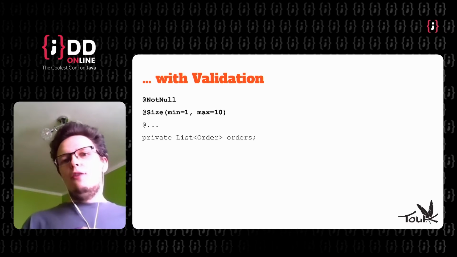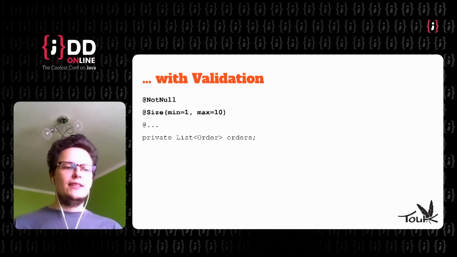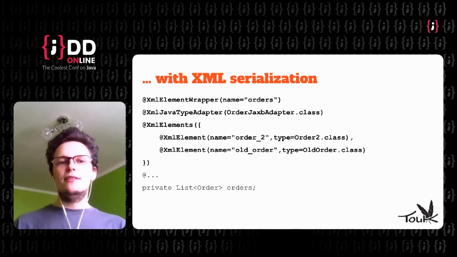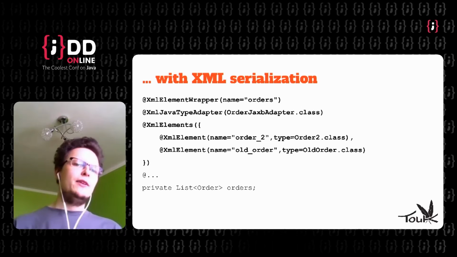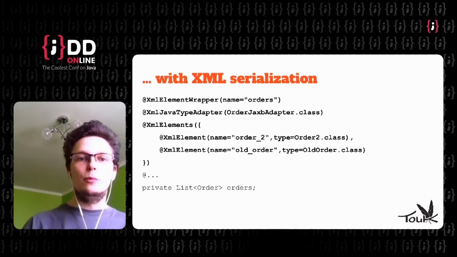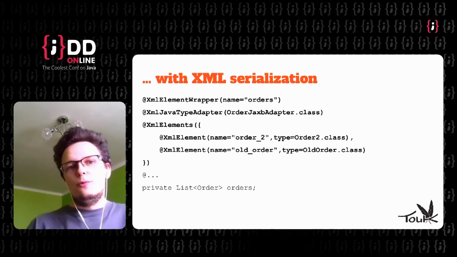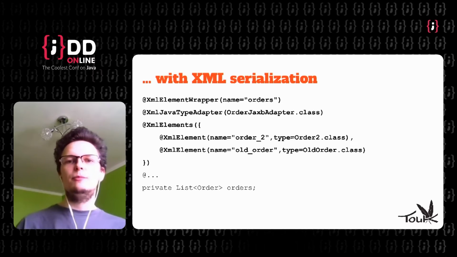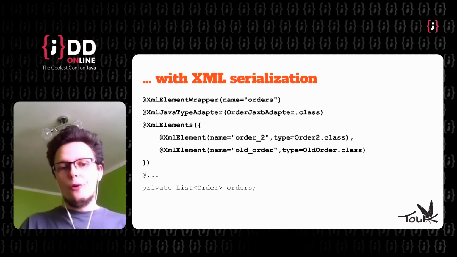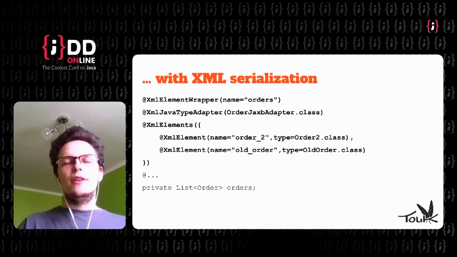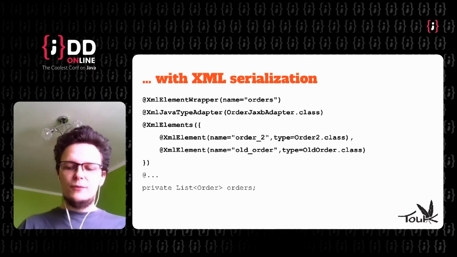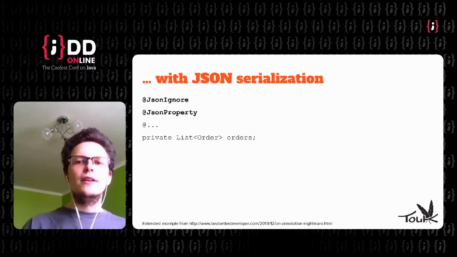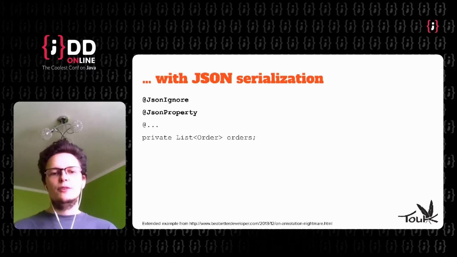Next, we often want to expose it via some service. In the past we built a lot of SOAP services, so we would make our entity a JAXB object to expose XML, or now we are moving to RESTful architecture, where we are using JSON in most cases.